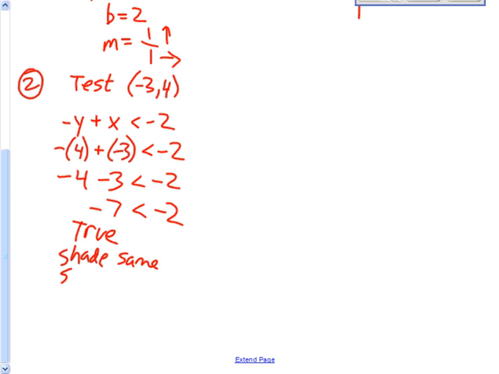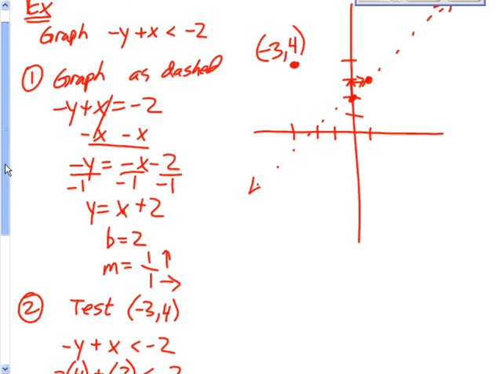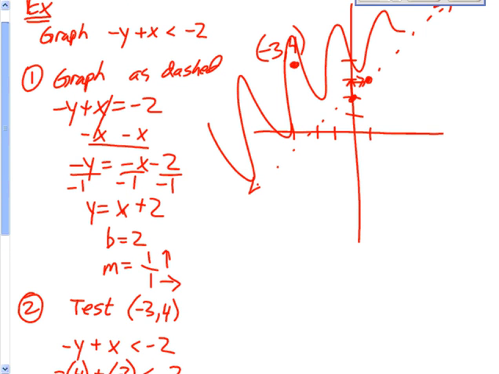Same side that the point is on. Okay? Again, if it would have been false, I would have shaded the other side. Like for instance, if we'd have tested 0, 0, right? So we're testing on this right-hand side.